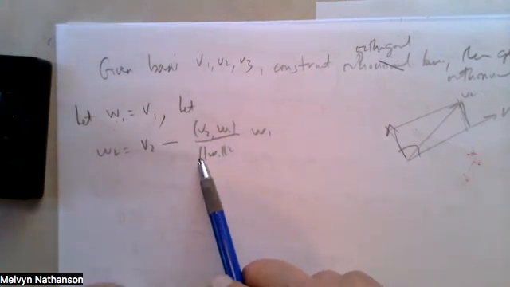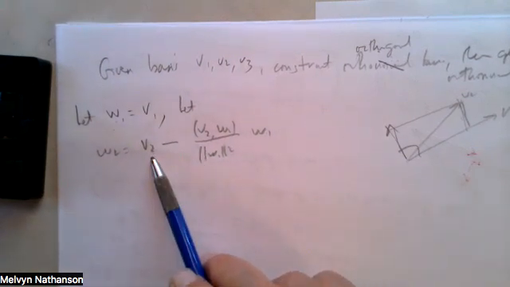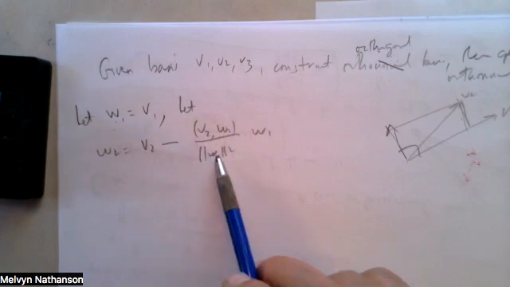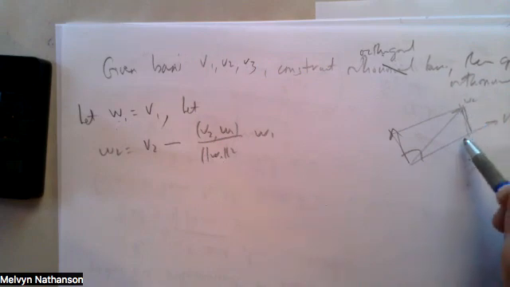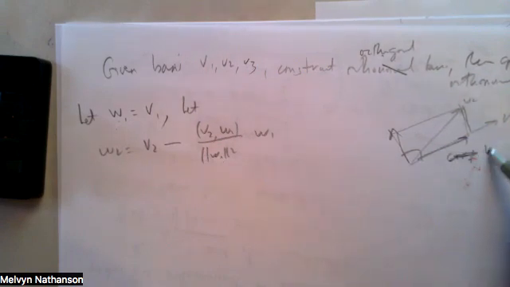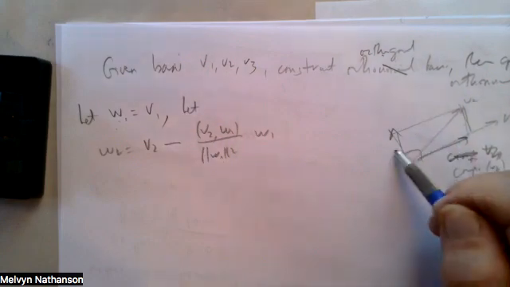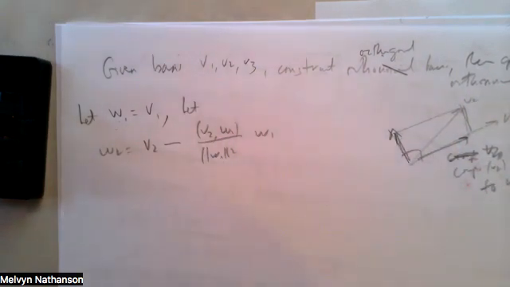So this is exactly the component of the vector V2 perpendicular to W1. So if this is V1, which is W1, and this is V2, this is the component of V2 parallel to W1, and this is the perpendicular component.